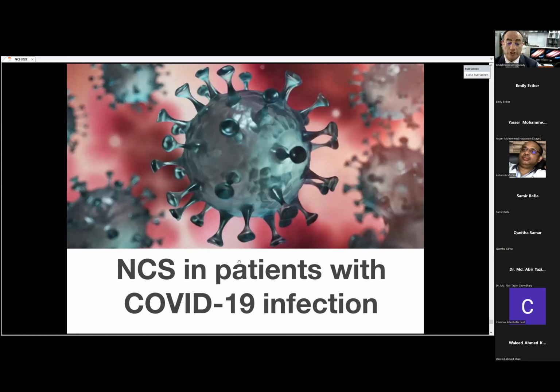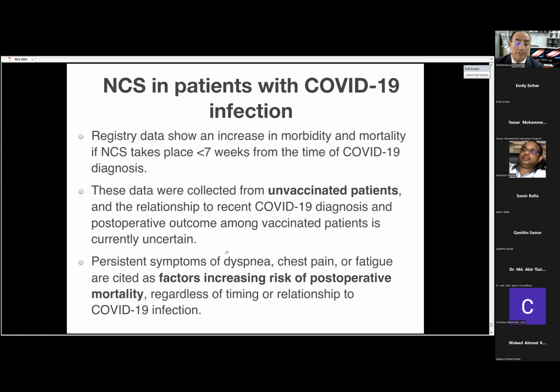The last group of patients is non-cardiac surgery in patients with COVID-19 infection. Registry data show an increase in morbidity and mortality if non-cardiac surgery takes place less than 7 weeks from the time of COVID-19 diagnosis and treatment.